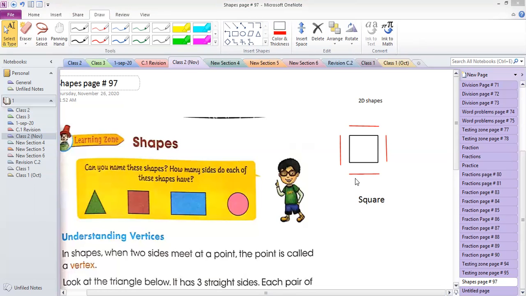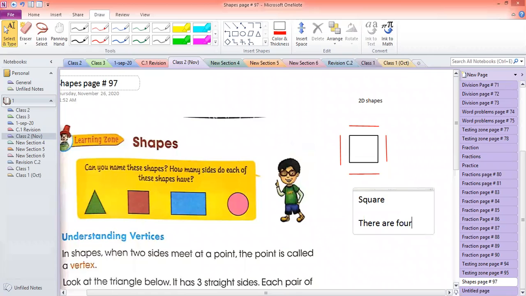Four. Oh, very good. So I can say there are four sides in a square.